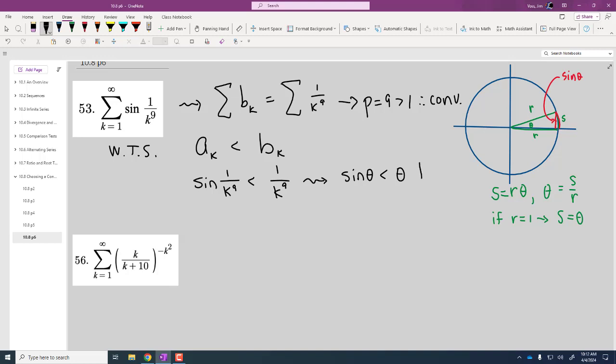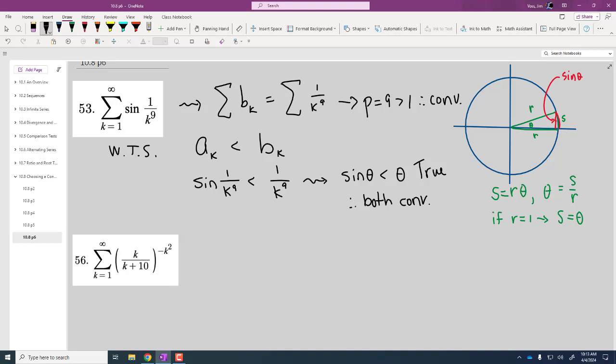So this is already known to be true. If we just look at that picture, it's pretty obvious that sine of theta is the vertical distance, theta is the arc. That's true. So therefore, we have both series converge.